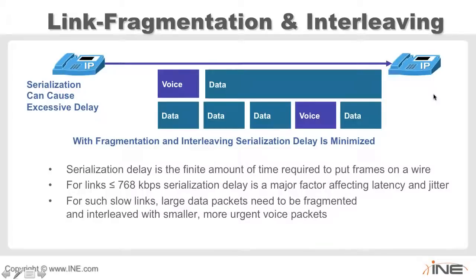But the problem is that the bandwidth savings are offset by it takes a lot of additional CPU processing to do this compression for the headers. So links that are greater than 768K actually suffer in quality. Even though we're saving bandwidth, they suffer in the quality, and really the delay, not the quality of the voice, but the delay of the voice because of the additional processing it takes.